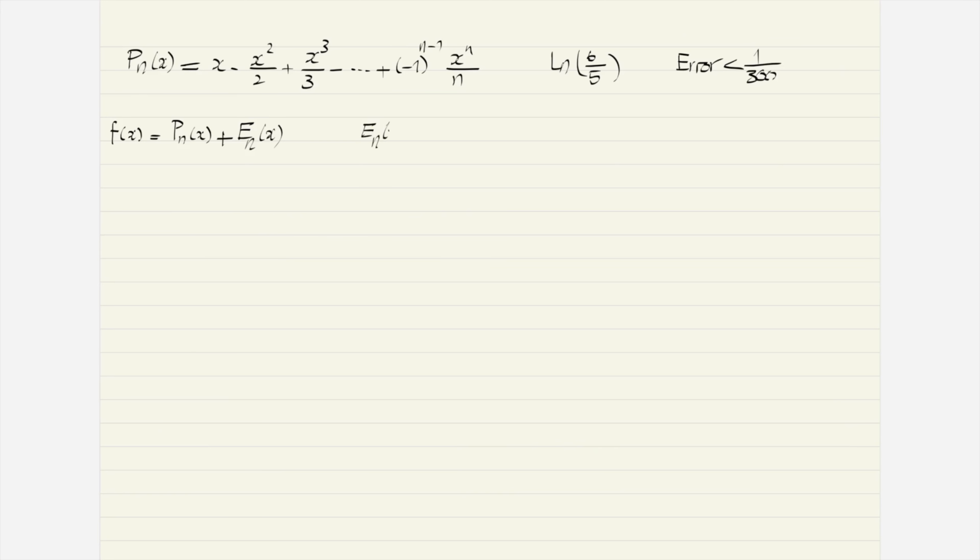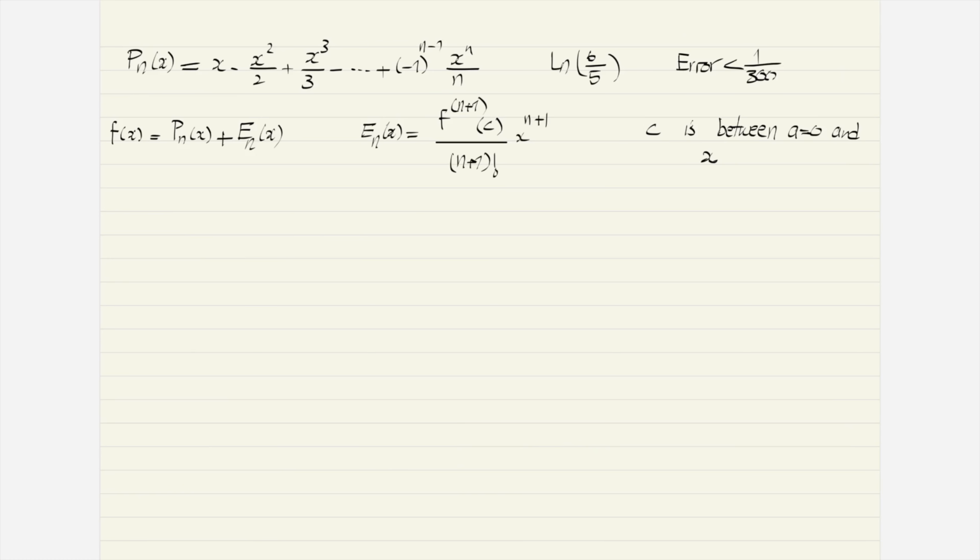But if I want to write the formula for E sub n of x, it is the n plus first order derivative, not calculated at 0, calculated at c, where c is between a, which in this problem is 0, and x, divided by n plus 1 factorial multiplied by x to power n plus 1.